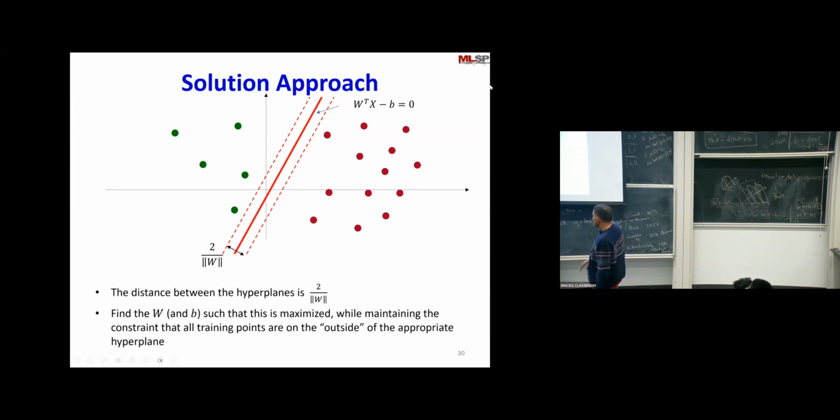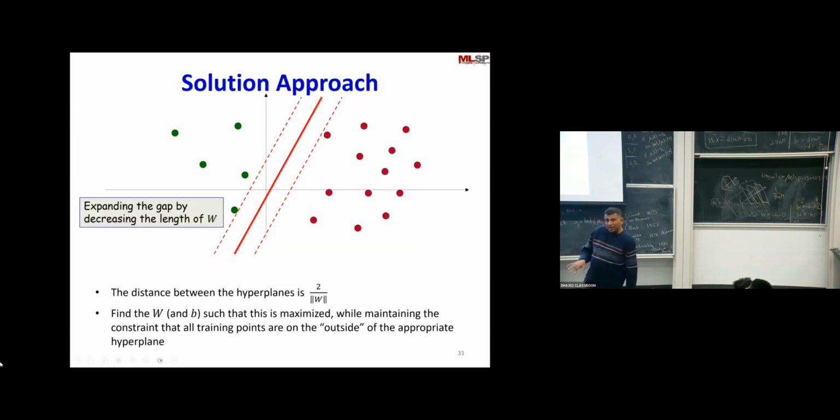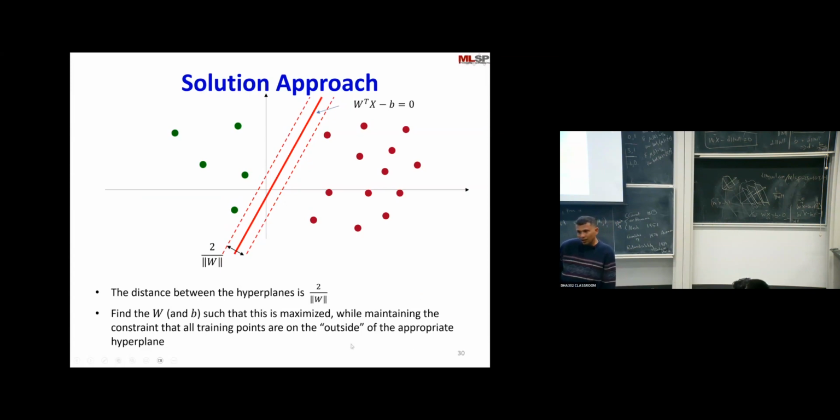I can begin pushing them away slowly. And how can I push these planes away? The only control I have is the norm of W, right? I can just make the weight vector longer or shorter. If I make the weight vector shorter, the distance between these two planes increases, because the control I have is the equation of this equals 1 and minus 1, right?